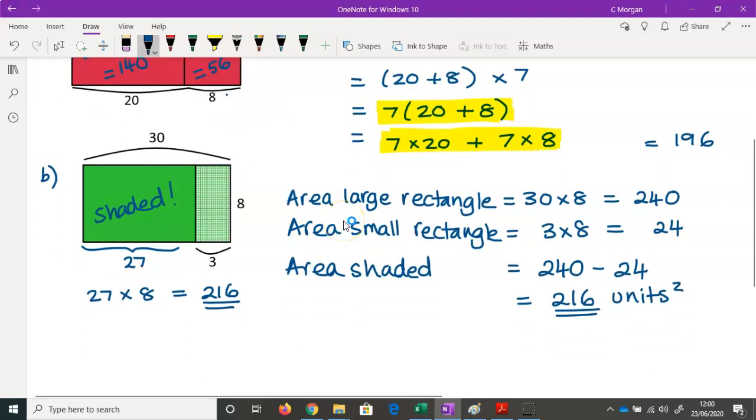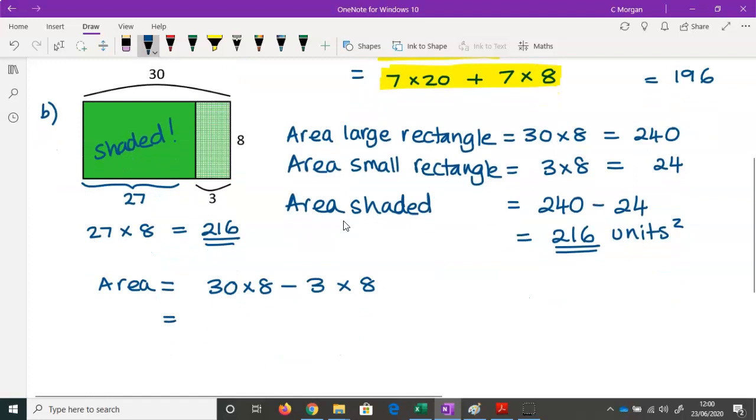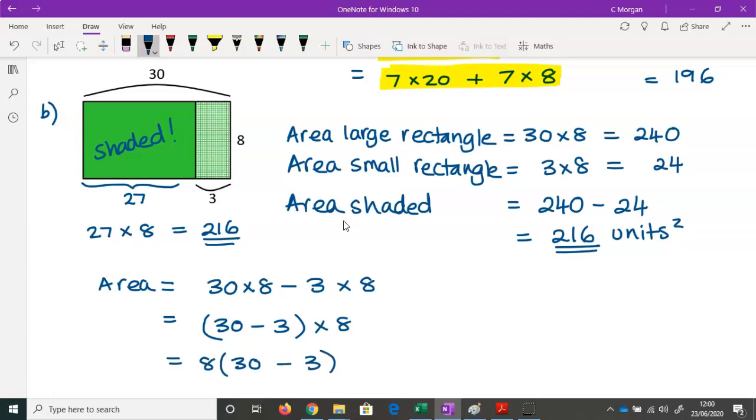But what I could have done is, to find the area, 30 lots of 8 subtract 3 lots of 8. This is the same as 30 subtract 3 lots of 8, or 8 lots of 30 subtract 3.